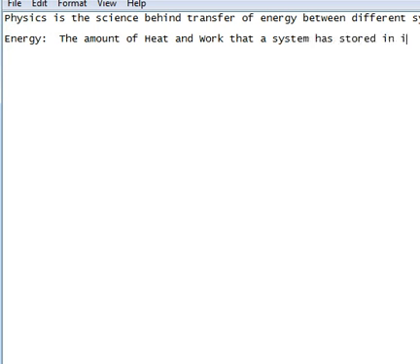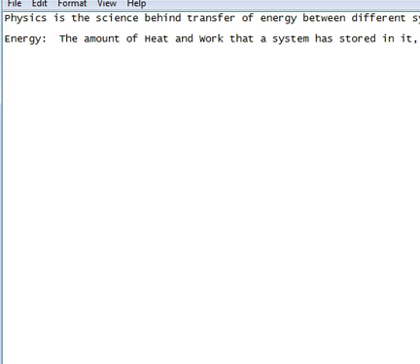The definition of energy is basically the amount of heat and work that a system has stored in it and can utilize on other systems.